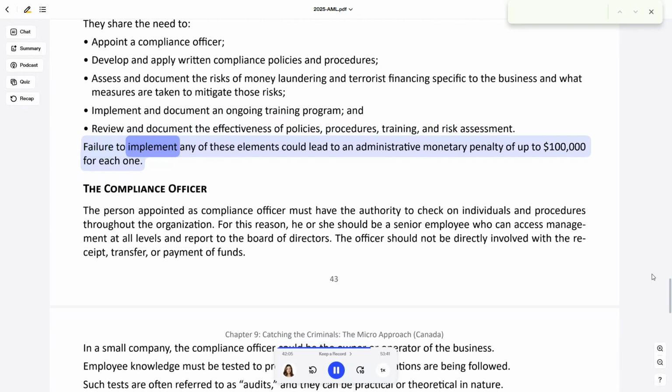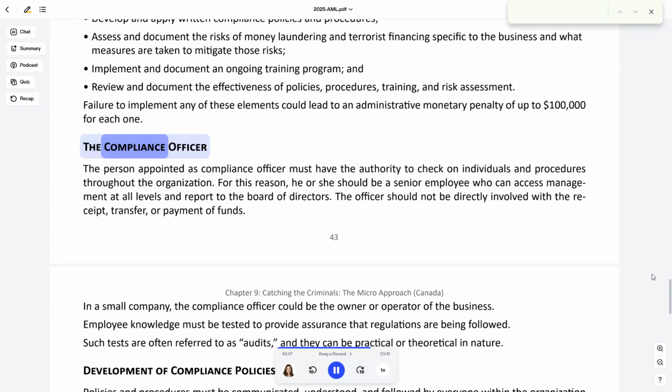Failure to implement any of these elements could lead to an administrative monetary penalty of up to $100,000 for each one. The compliance officer.